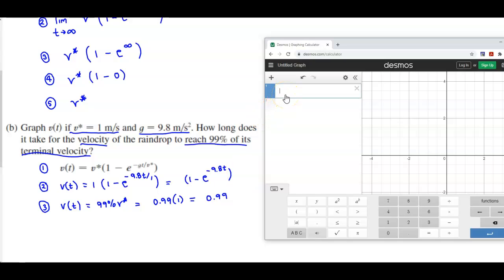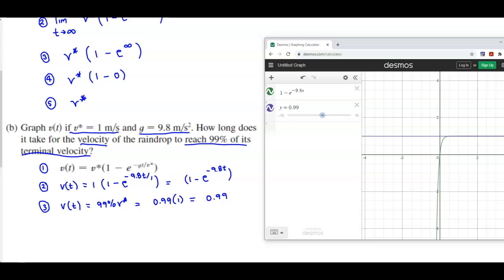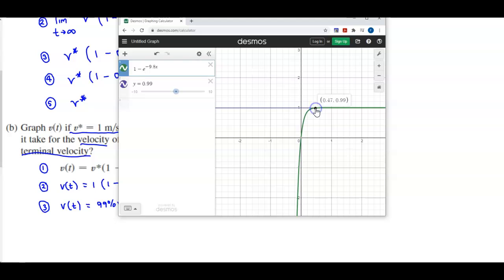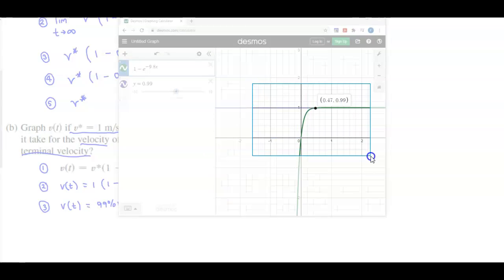The first function is 1 minus e to the power of negative 9.8x, and then our second function is y equals 0.99. And so here is our graph and what that looks like. You can see here that this is the point of intersection. So let's go ahead and copy that.